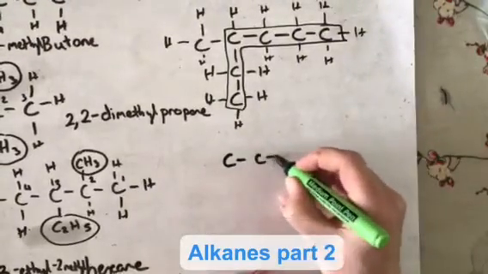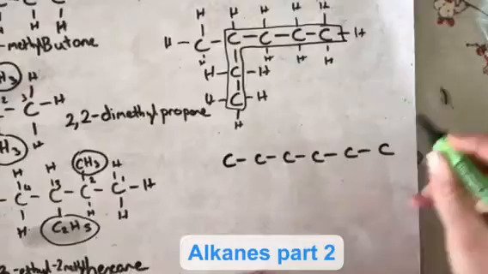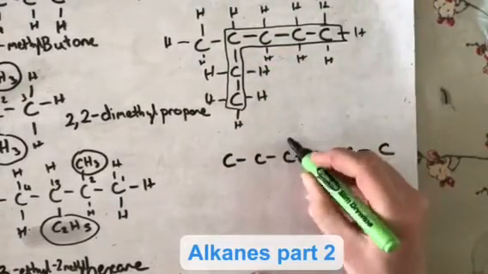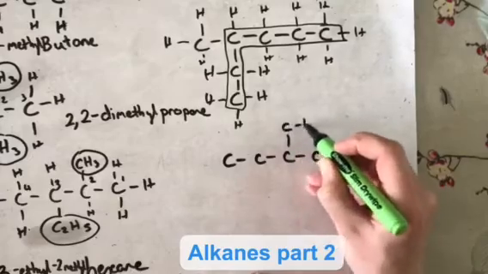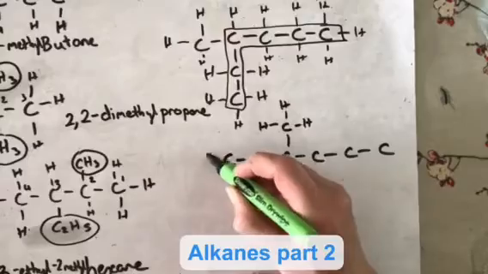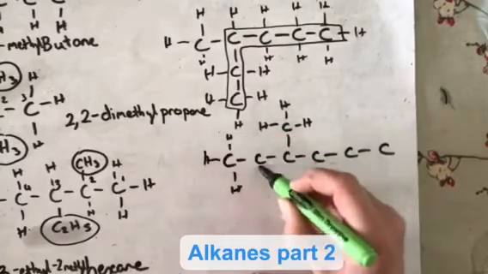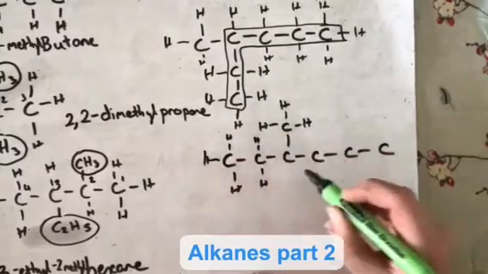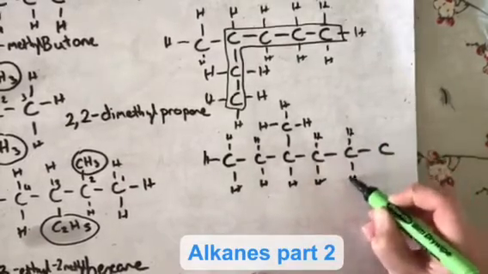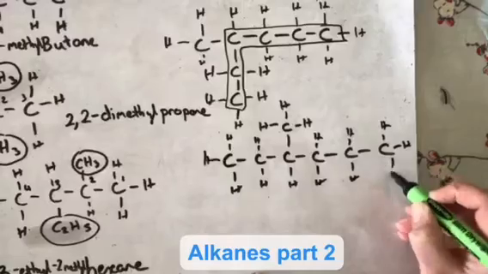So 1, 2, 3, 4, 5, 6. On the third carbon in, you've got a CH3 group, your methyl group, and the rest is just hydrogens. Remember, every carbon always has 4 things attached. So let's try and name this now.